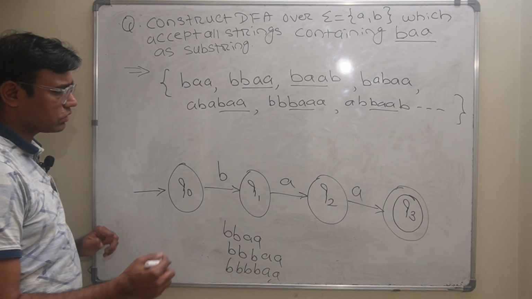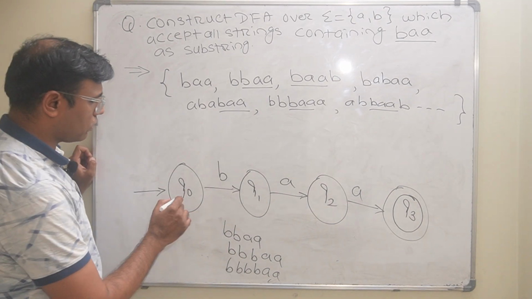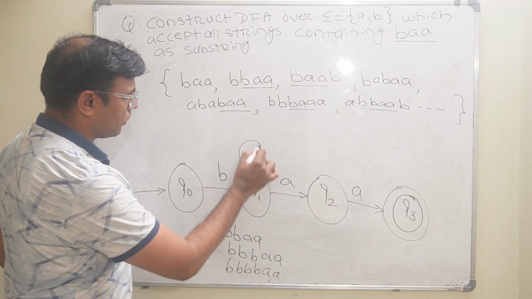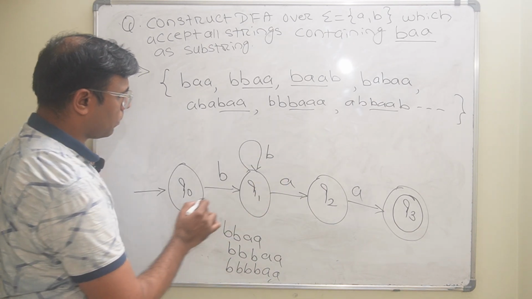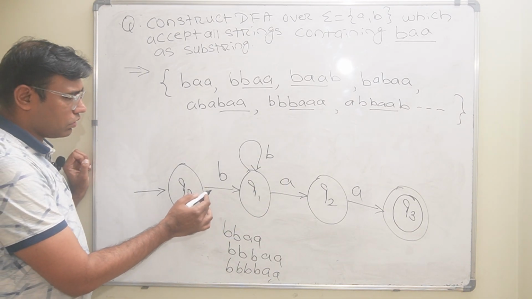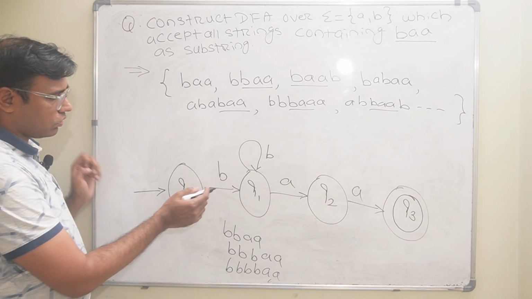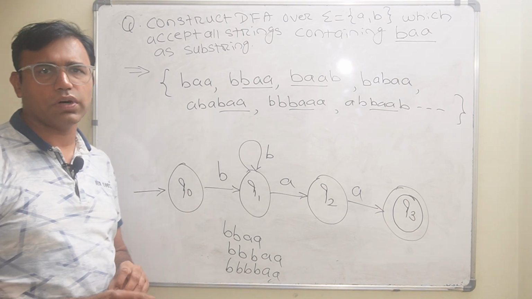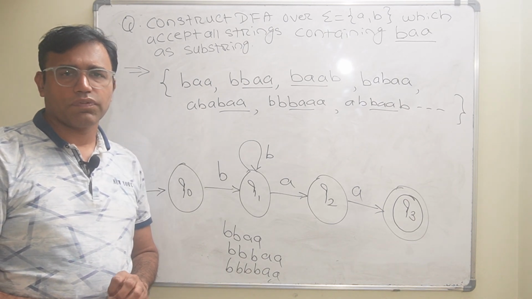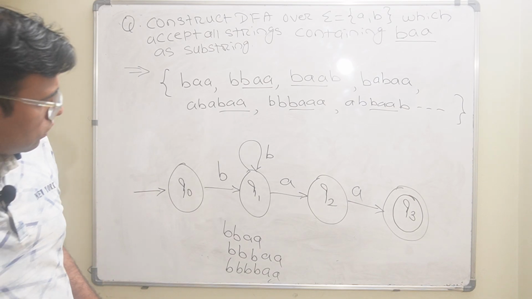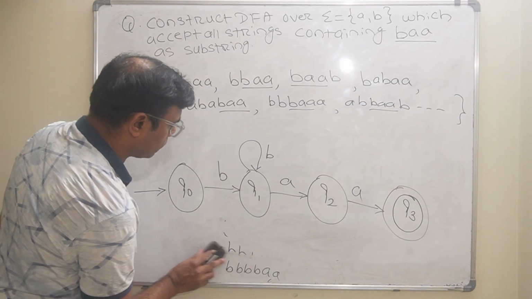So what to do in this case? If we apply the loop of B on Q0, sorry, on Q1, it will accept all the values. Do not apply the loop of B on Q0 because there is already one transition for input symbol B. In a DFA there is only one transition for one input symbol. So this is one of the possibilities.